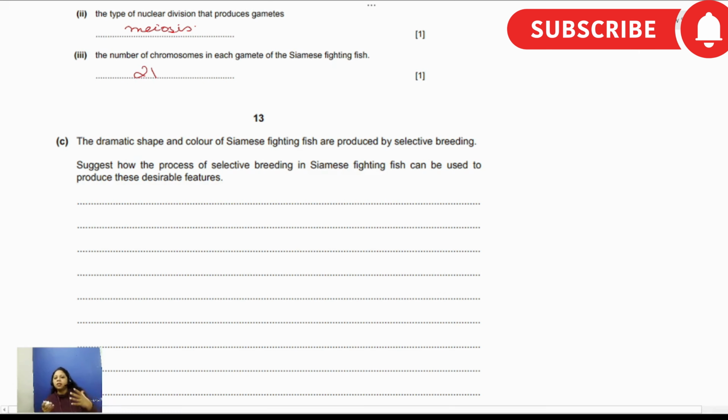It means the genes are selected by humans, or they are desirable to the humans? Okay. And how is this breeding carried out or done? Crossbreeding. Okay. So you'll be given 2 marks.